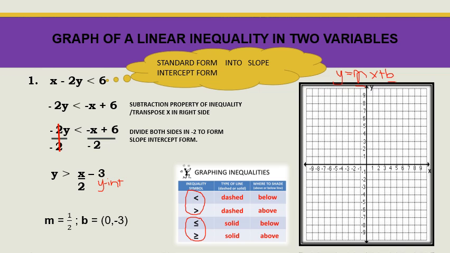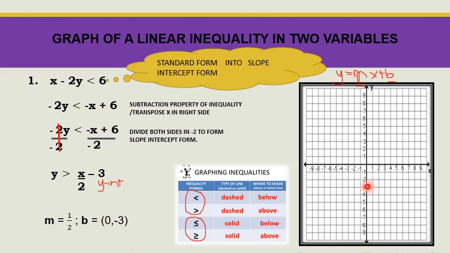So we're going to graph the m, that is 1/2, and b, that is (0, negative 3). First we're going to graph the (0, negative 3). The (0, negative 3) for the y-intercept is here. So that's the point. And then for m, that is rise over run, right? We're going to rise 1.